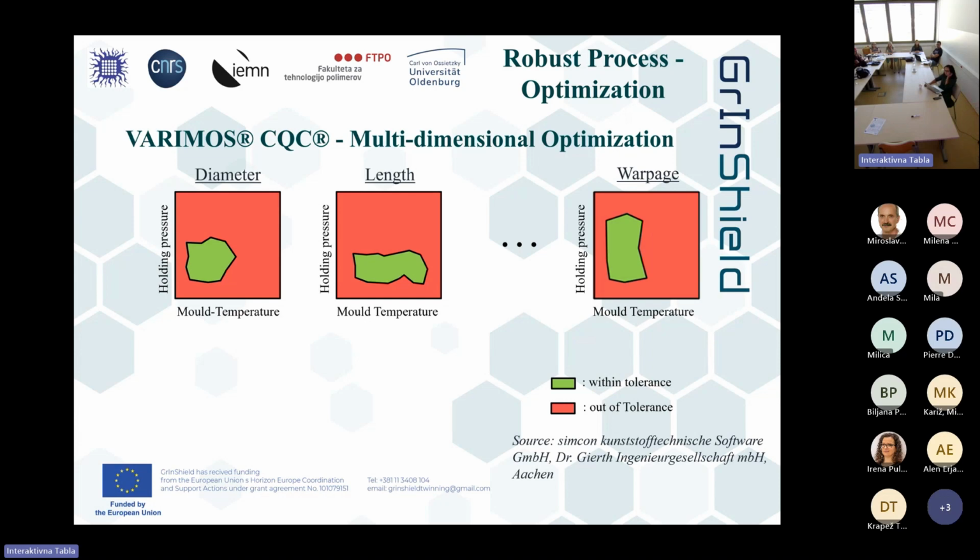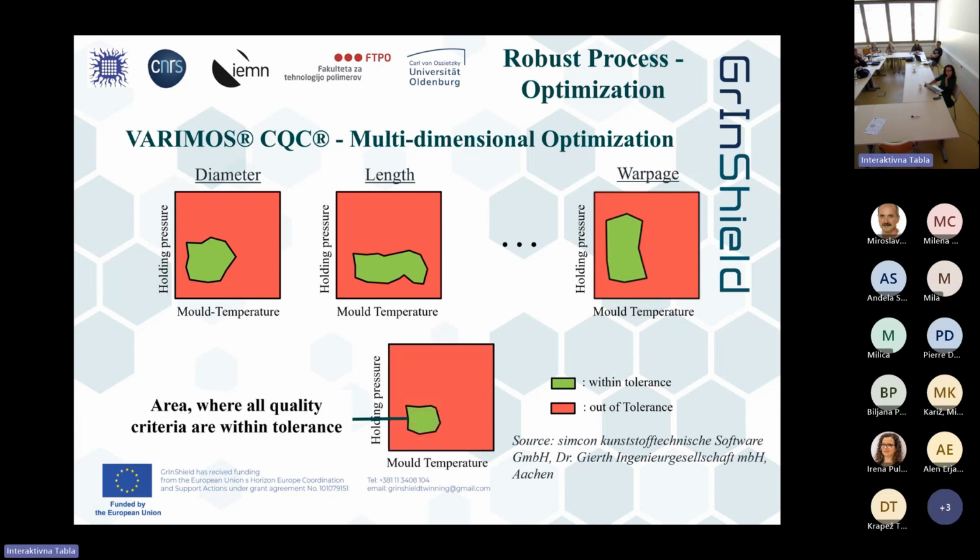Outside there are the bad parts. And then the software does this, finding from all the quality criteria where all the criteria have good parts. That's the area which gives the best results.